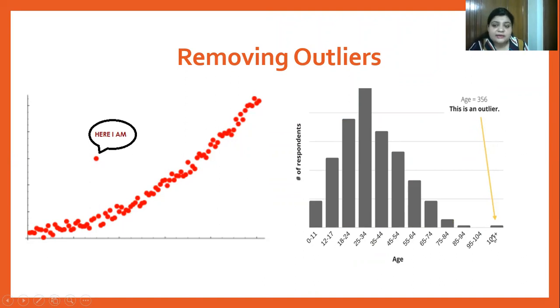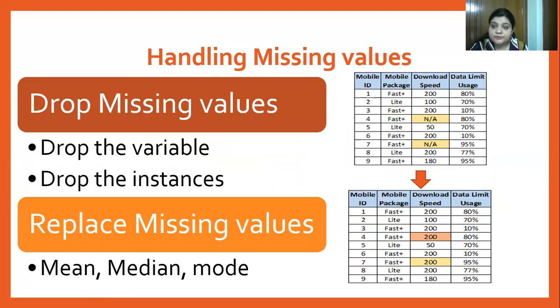Now we can see that there's an outlier. That is, we have some respondents of age more than 105. That is, there's a respondent of age 356. So this is an outlier in a dataset which significantly affects the performance of a model. So this data can be deleted as it will affect the performance of our built model.